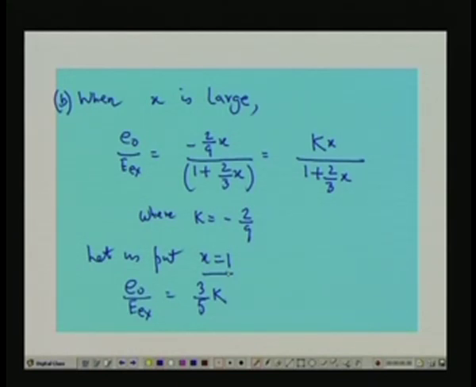So, this is basically a straight line passing through the origin 0 0 and the point 2 by 3 k and 1.